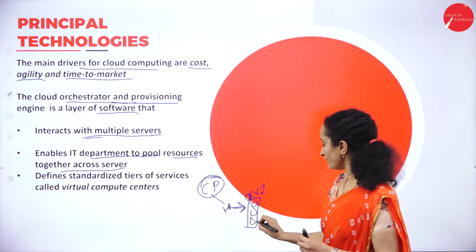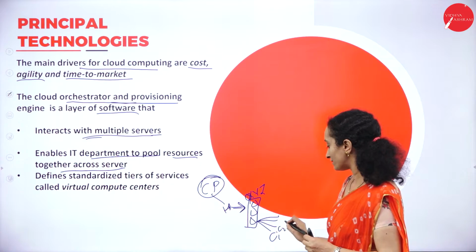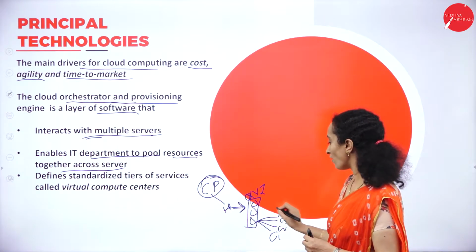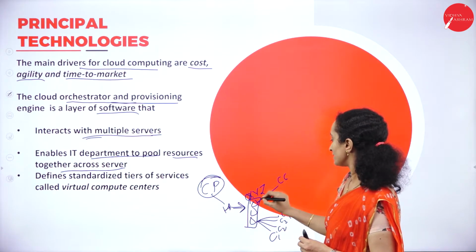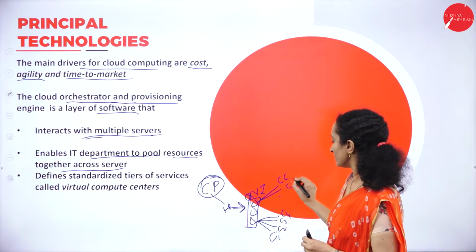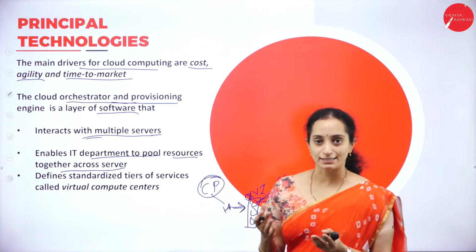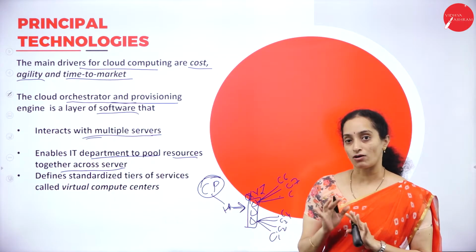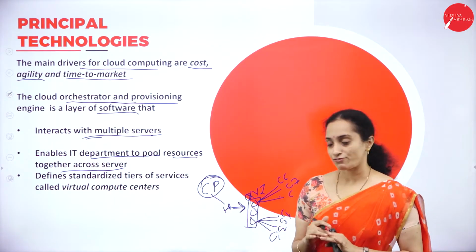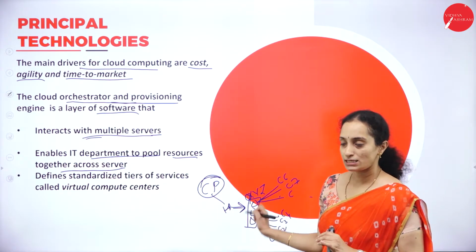For these 3 guest servers, you can have any number of clients, C1, C2, C3, C4, or for the third, C6, C7, C8. There is no limit for the number of clients that can connect to a guest server.